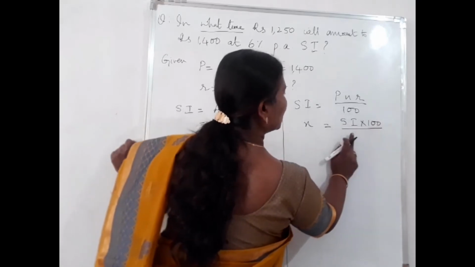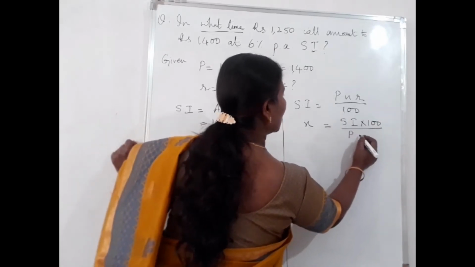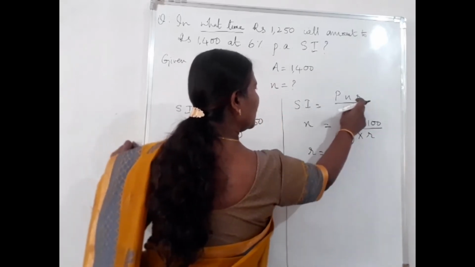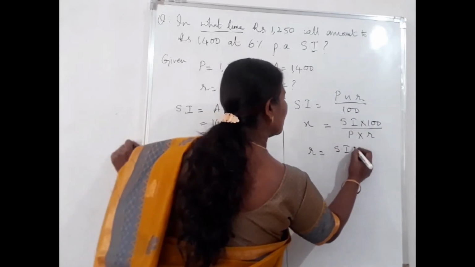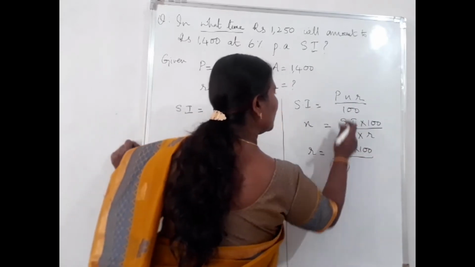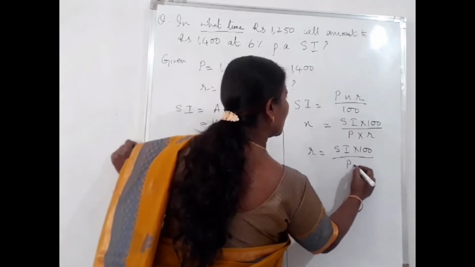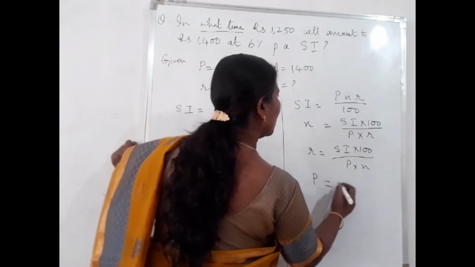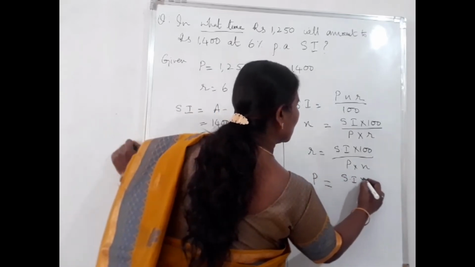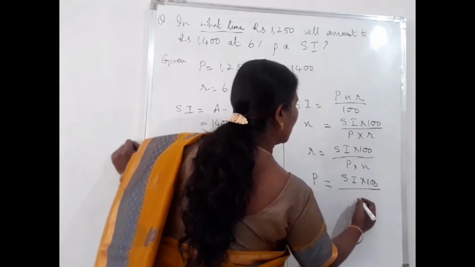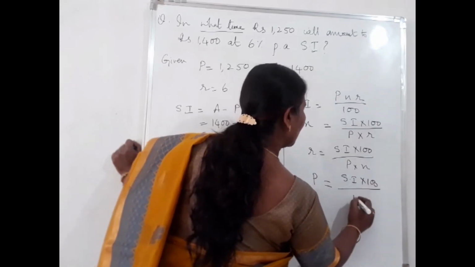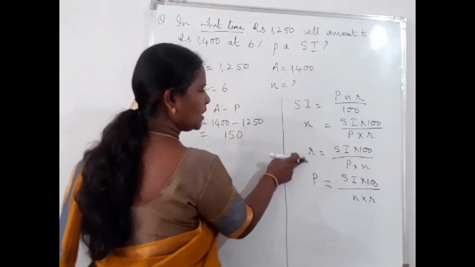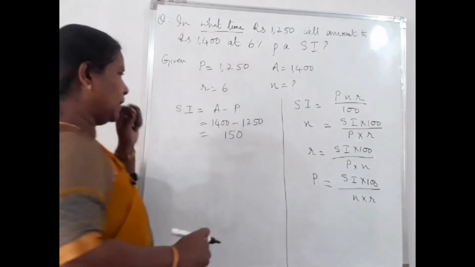Likewise, if you have to find R, just transpose: simple interest into 100 divided by P into N. The numerator becomes the denominator and the denominator becomes the numerator. If you are asked to find P, then it is simple interest into 100 by N into R. This is the original formula, and by rearranging it you can find the other information too.